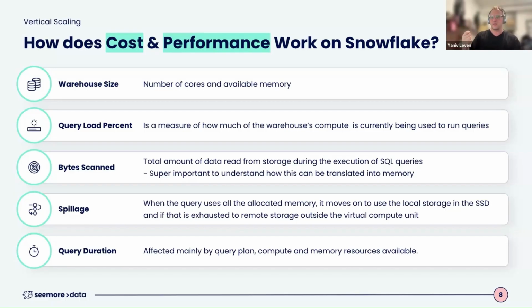The reason that the mapping of bytes scanned to memory is super important is because the most influential metric that influences query speed is how much memory and how much spillage it has.